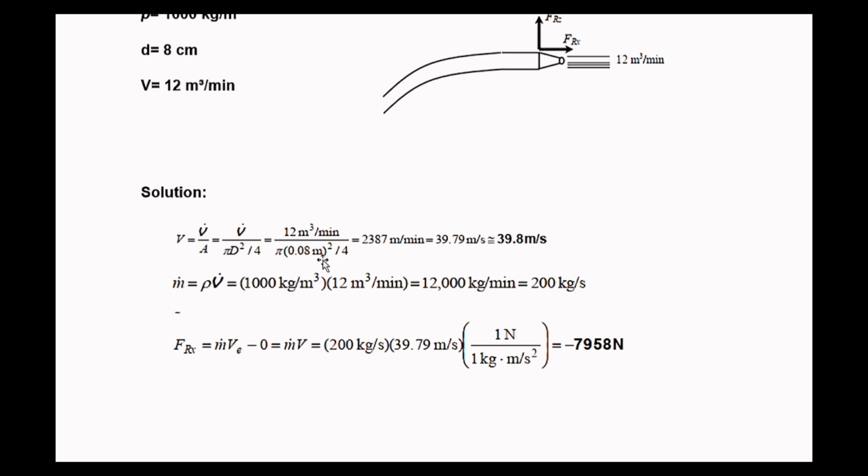We just need to convert it into meter, squared, over 4. By using our calculator, we get 2387 meter per minute, and by converting it into meter per second, we just have to divide this by 60 in order to arrive at 39.79 meter per second or 39.8 meter per second.